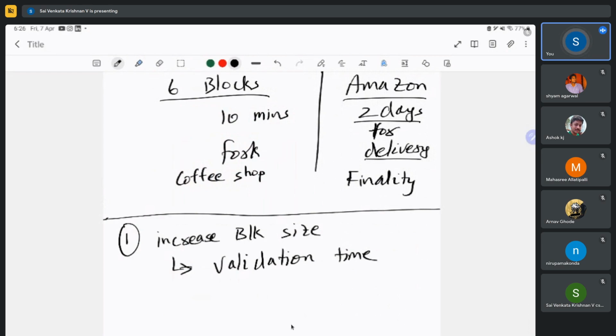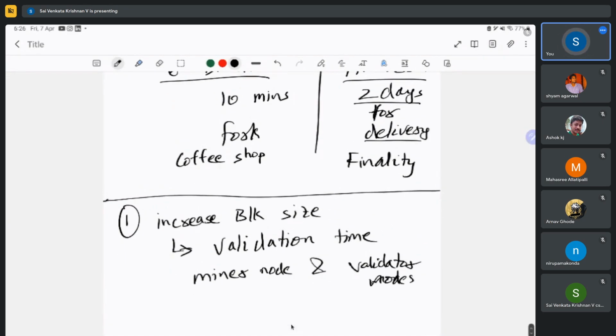In the Bitcoin network you have the miner node and the validator nodes; usually the mining nodes will also be validator nodes. But for some particular block, one node is the sole miner which mined that block and found the nonce.